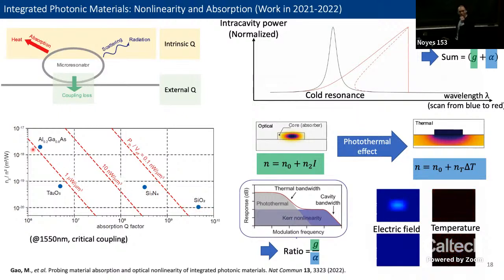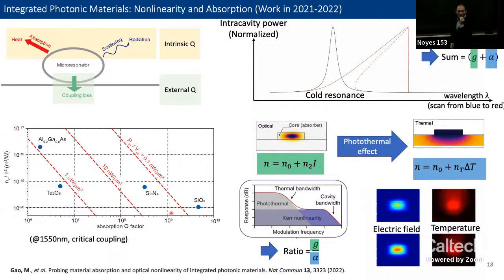Think about this: when you are doing photonic integration, what kind of material property do you want the photonic material to have? You definitely want it to have a higher absorption Q factor, which means you want your material-limited Q factor to be as high as possible, so you want the material to land in this region, with a higher absorption Q factor.